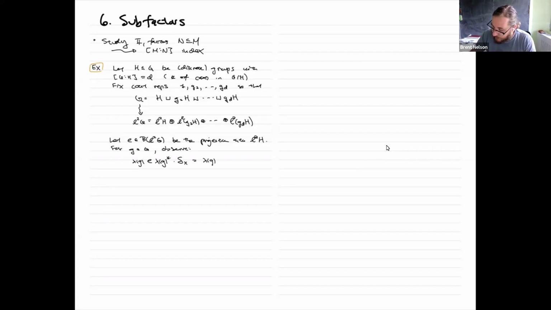So at first λ_g* will send δ_x to δ_{g⁻¹x}. And then what is E going to do? Well, it's the projection onto ℓ²(H). So if this belongs to ℓ²(H), it'll leave it alone. Otherwise, it'll kill it. This belongs to ℓ²(H) if and only if g⁻¹x is in H. So E either sends this thing to 0 or to itself. We'll record that as the indicator function on H of g⁻¹x.